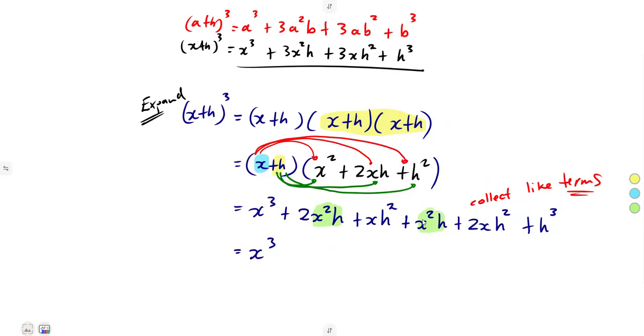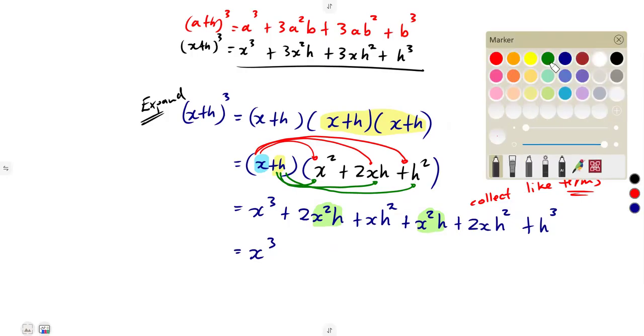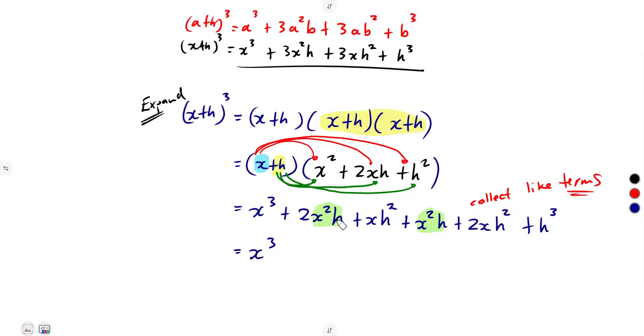These are like terms. Same variable and power must correspond. So you add the coefficients of these. This is 2 and this is 1. So 2 plus 1 is going to give us 3. So that's 3x squared h.